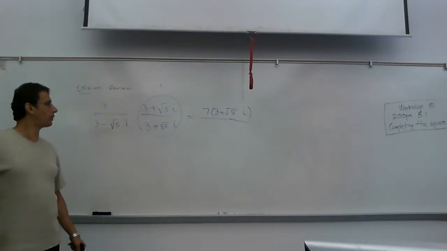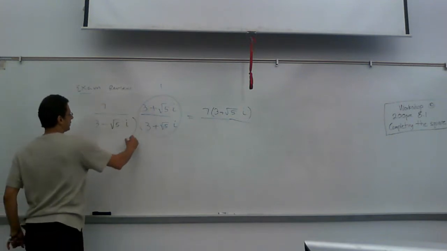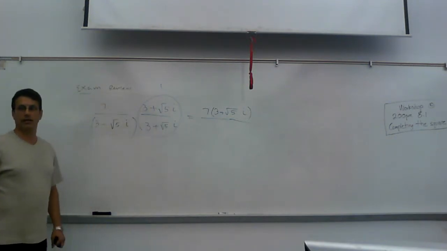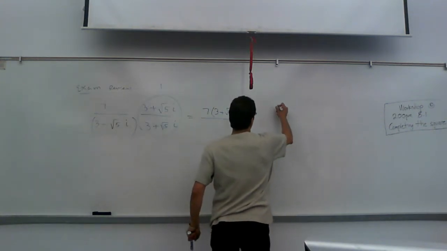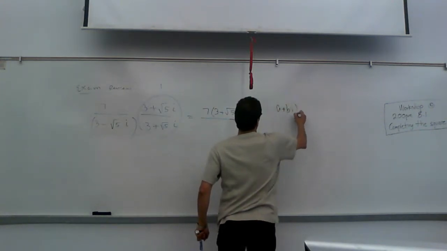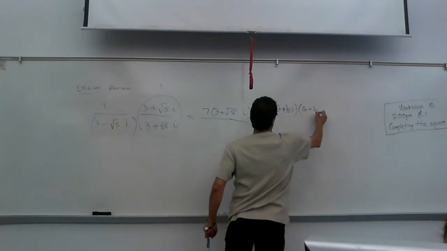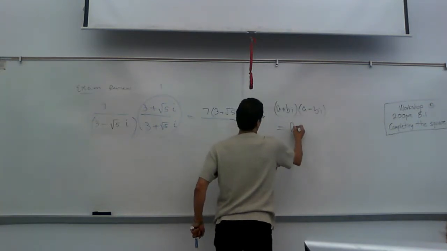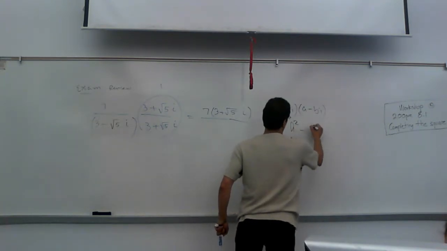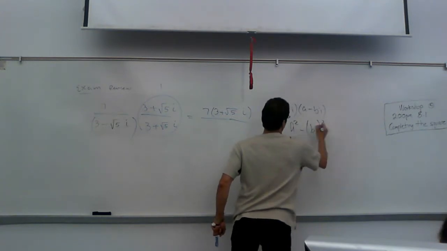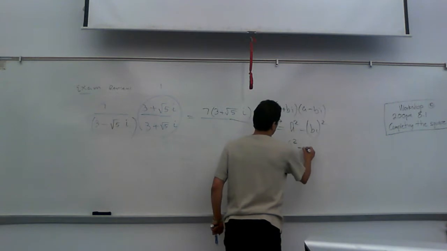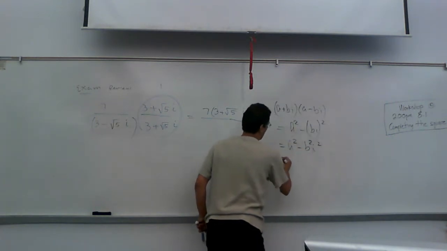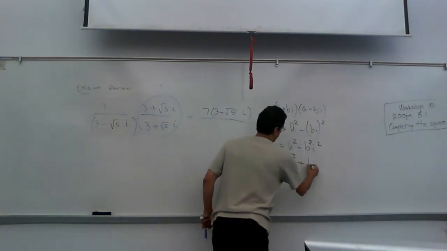If I want to multiply the bottom, this times that, remember this. We went over a plus bi times a minus bi, and we said that's a squared minus bi squared. Do you remember that? In other words, we proved that it is a squared plus b squared.